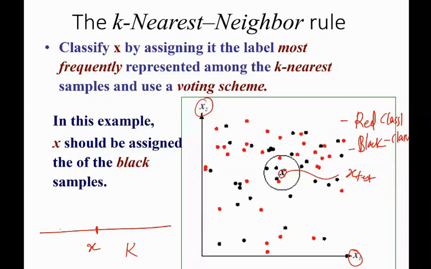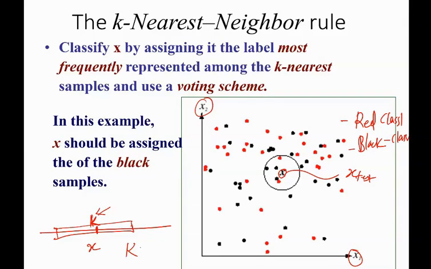So it will keep on expanding its volume, kind of a thing, which accommodates k samples. They may be of omega 1, they may be of omega 2. Once it is accommodating k samples, it will stop. Then it will see that out of the available k, how many samples belong to omega 1 and how many samples belong to omega 2.